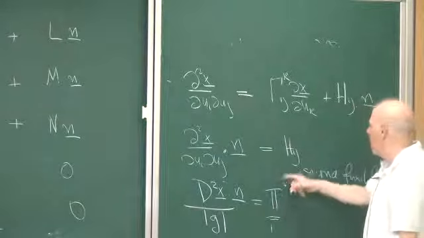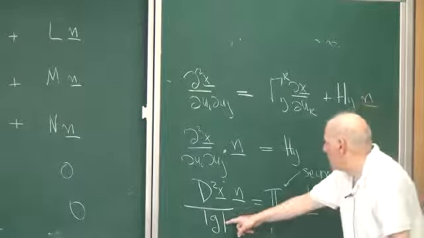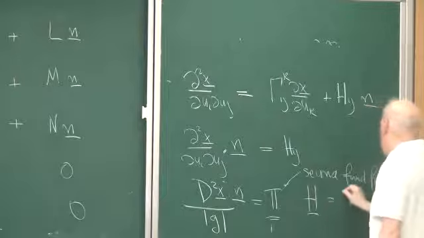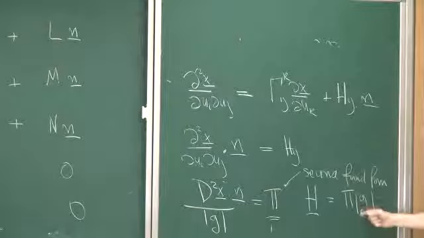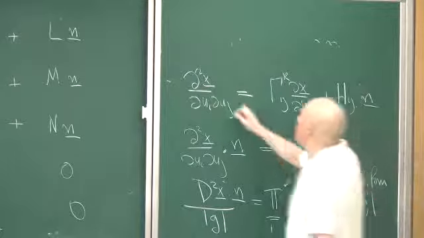Since h is dx dot n, pi times the square root of the determinant of g equals these h's. And h is Gauss's notation.